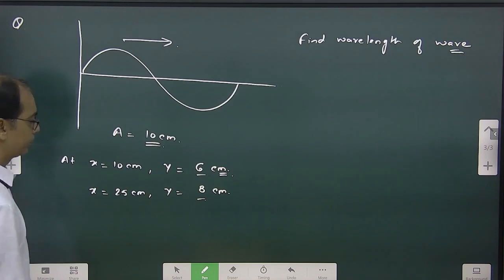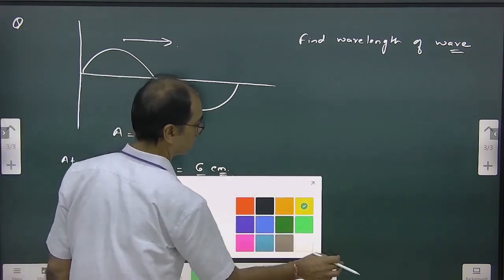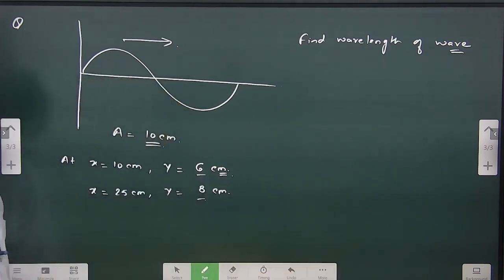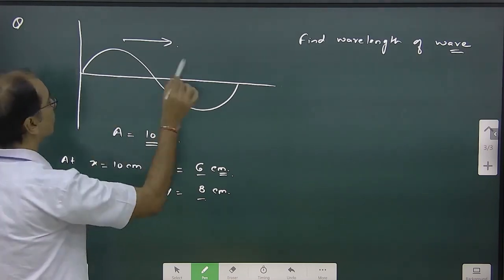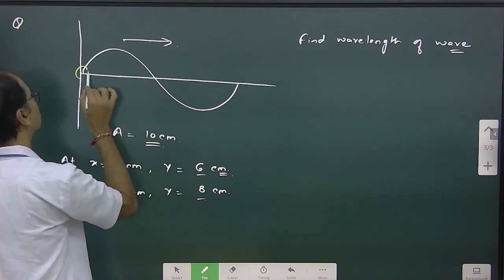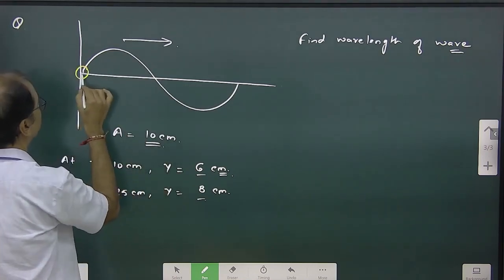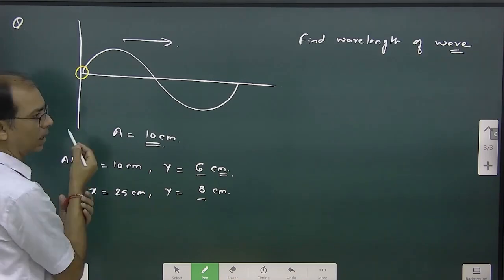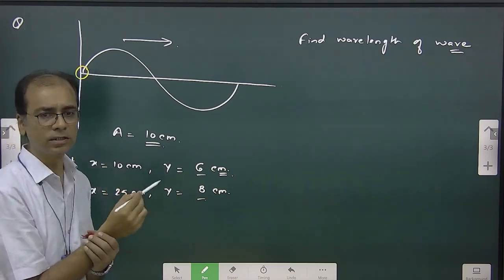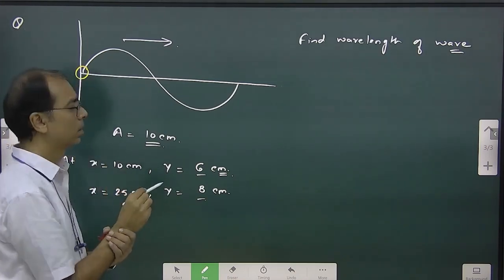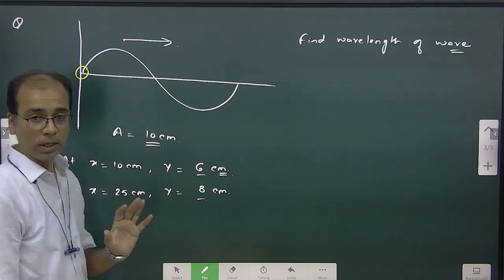Okay, done? What to do? This is how the wave is. Starting from 0, let's say at x equal to 0 and t equal to 0, something like this. It is starting like this. That means initial phase is not there. Okay. I am not taking initial phase.